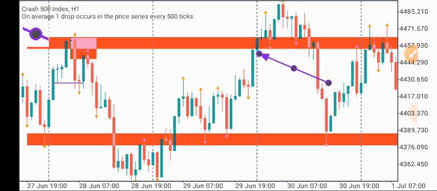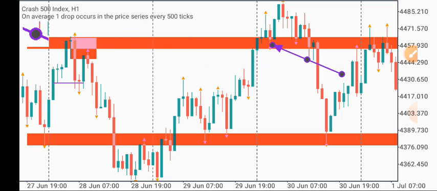We notice that when price got to this level, price broke out of it, retested it and bought. Immediately price buys from this level, it shows us that this is a strong level. This resistance has now become our support.